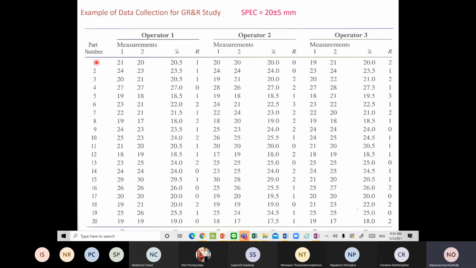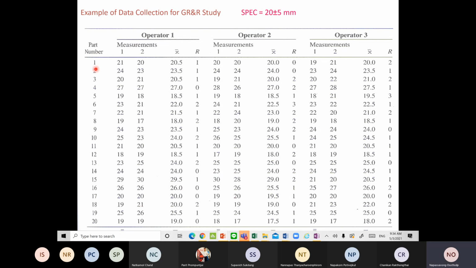Remember that each part can have a little bit different dimensions, so there will be variation among the parts also, from the parts that are small to the parts that are a little bit larger, given that they are within the same model and same specification.